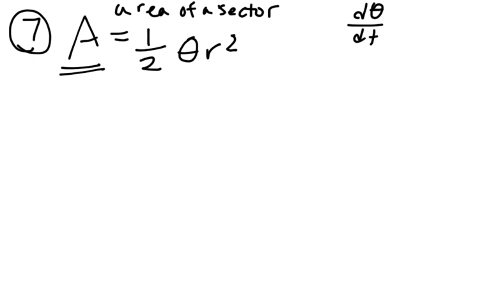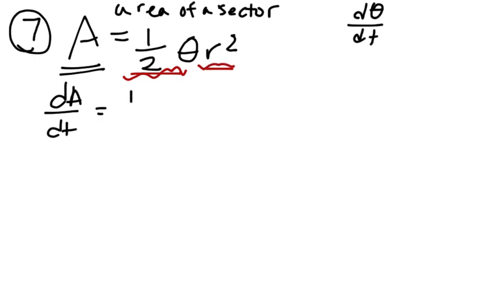Okay, so we're going to first take the derivative of this and then isolate d theta/dt. So dA/dt equals, this is a product rule situation. We have two variables. Theta is a variable and r is a variable.